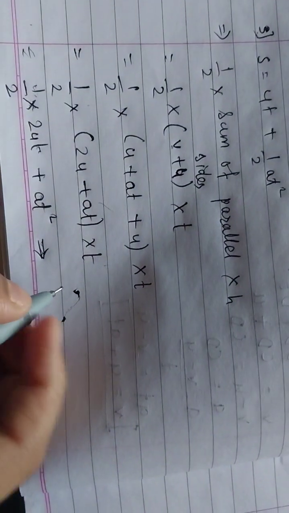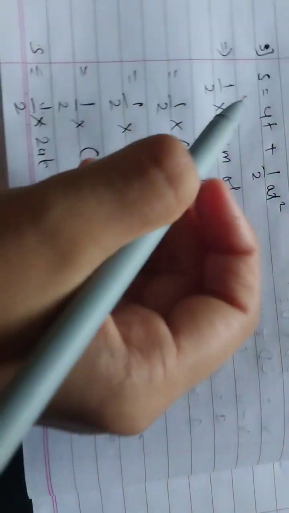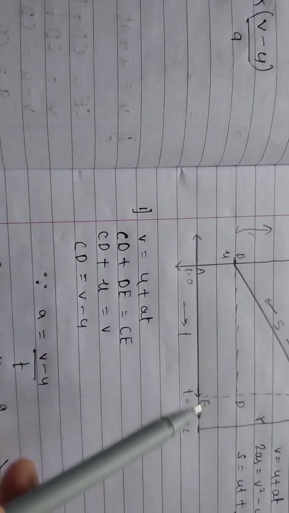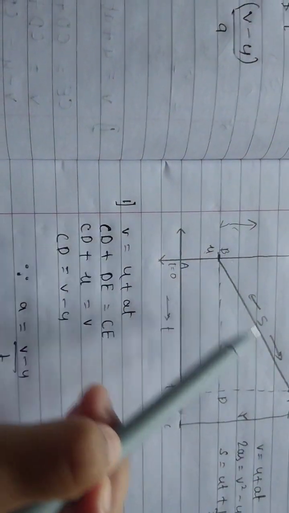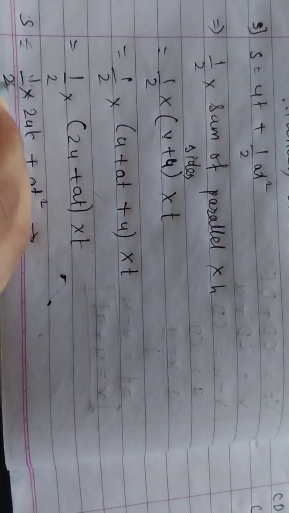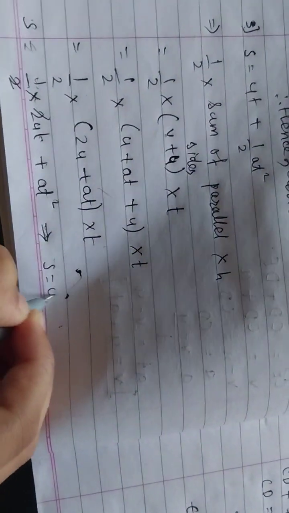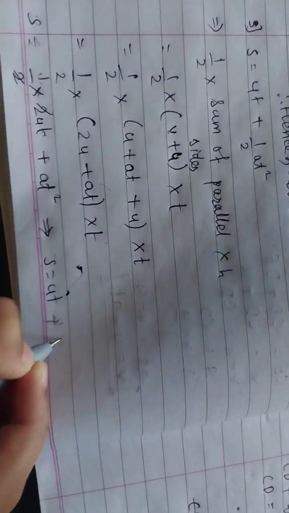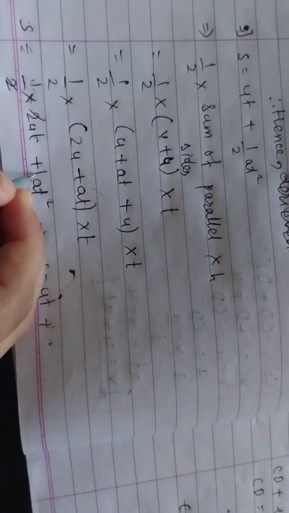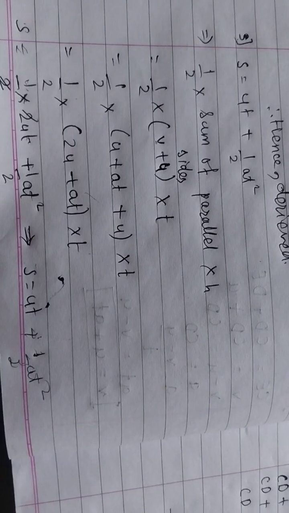This is nothing but s, since the area of trapezium is the area covered under the velocity-time graph, that is distance. This 2 will cancel, so s is equal to ut plus, sorry, half at square. Hence derived.